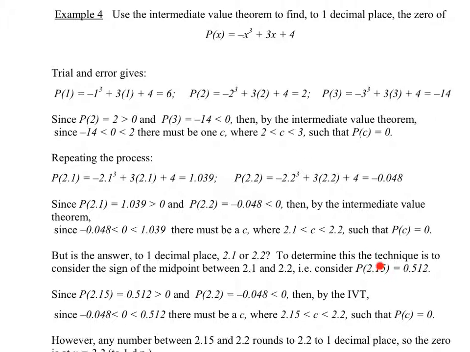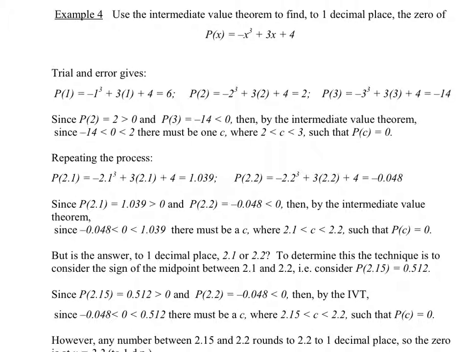Now 2.15 gave us a positive value, 2.2 gave us a negative value. So our answer must be between 2.15 and 2.2. So our answer is closer to 2.2 than it is to 2.1 because it's between 2.15 and 2.2. So we would round our answer to 2.2.